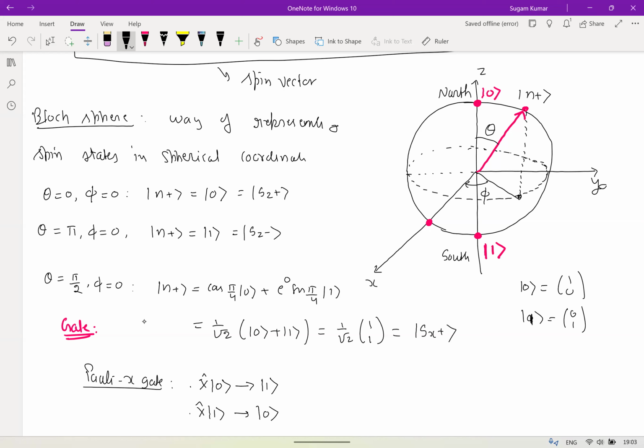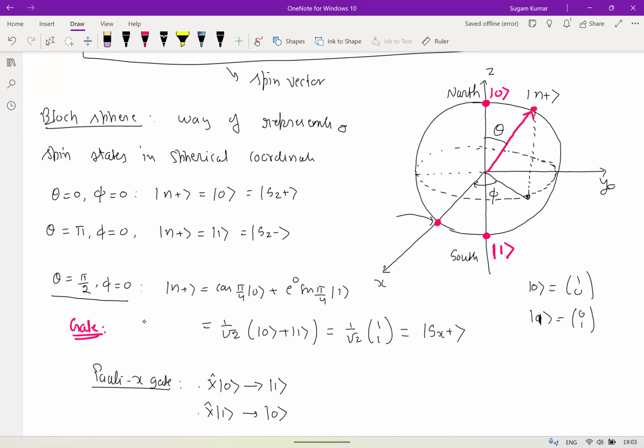So this is the reason that we need to now focus a little bit and try to remember and get familiar with all the locations of the Bloch sphere. For example, when you talk about this location, this is the position theta equal to pi by 2 and phi equal to 0.